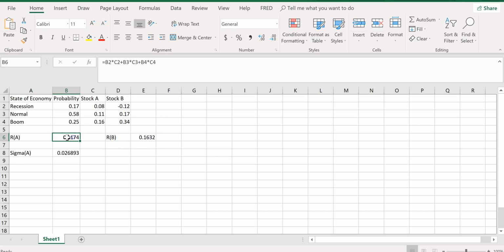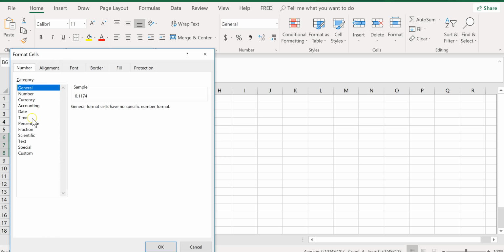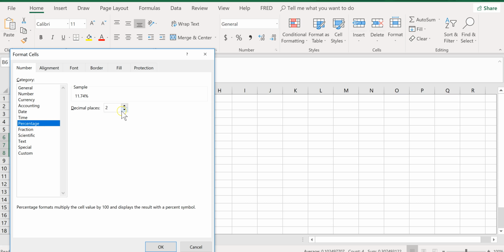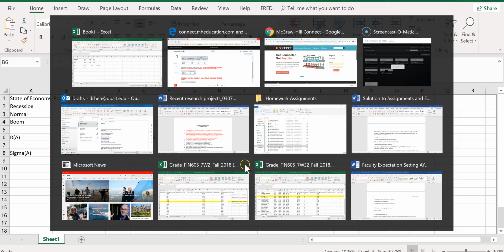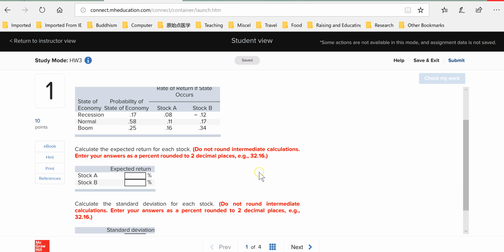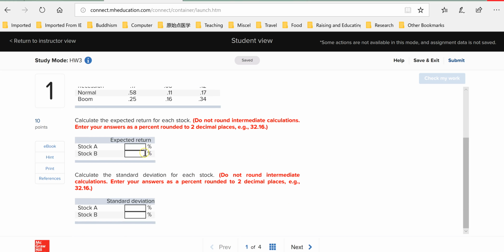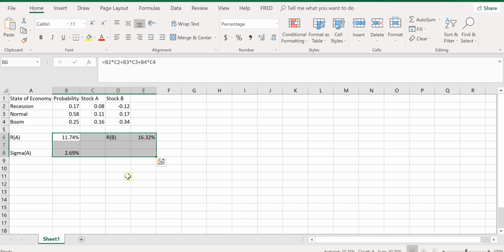So we just basically keep 2 decimal places and put those into percentage terms. So that will become this. Yeah, these are in percentage terms.